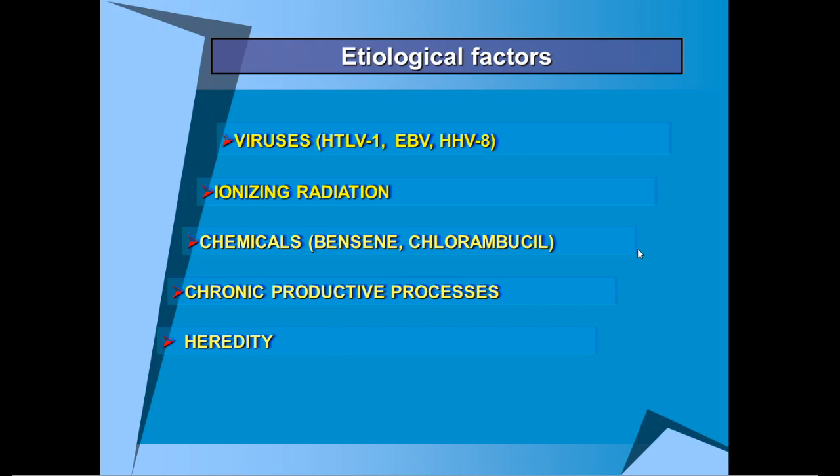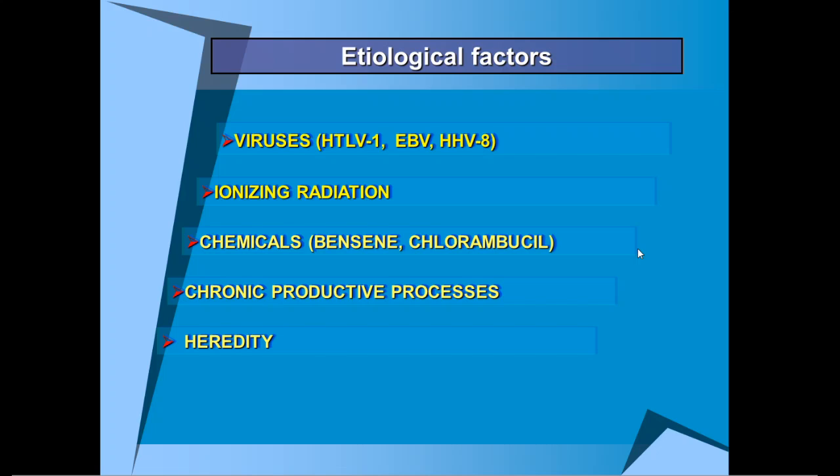If you remember, when we talked about carcinomas, malignant tumors from the epithelium, and sarcomas, malignant tumors from soft tissues, we said that some etiological factors are possible, but to be honest, we do not know exactly why and how these tumors occur.